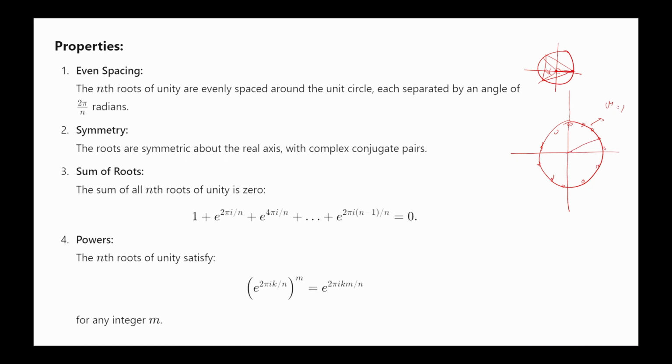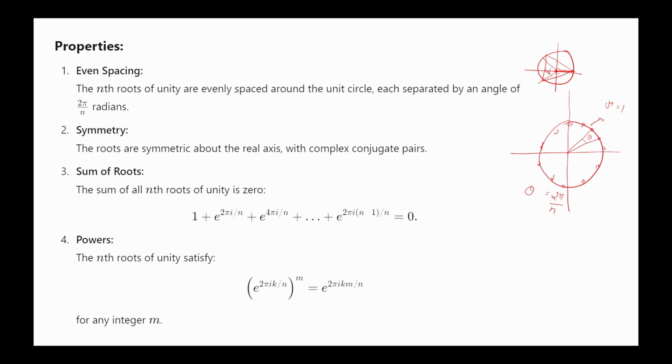The angle between two adjacent roots, theta, would be equal to 2 pi by n. So this would basically depend on the number of roots that I have. Now if you try to replace this in the equation that we had for cube roots, let's say if I replace 2 pi by 360 degrees and n by 3, because we had 3 roots there, right? So 360 by 3 would give us 120, and that was exactly what we studied there. So keep this thing in mind.